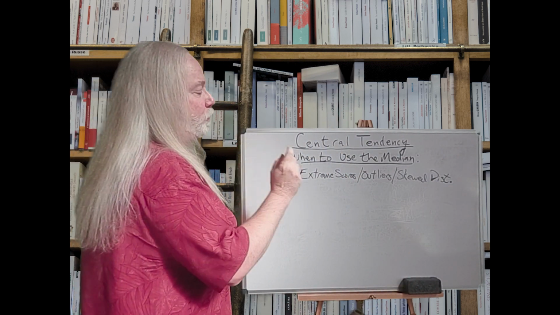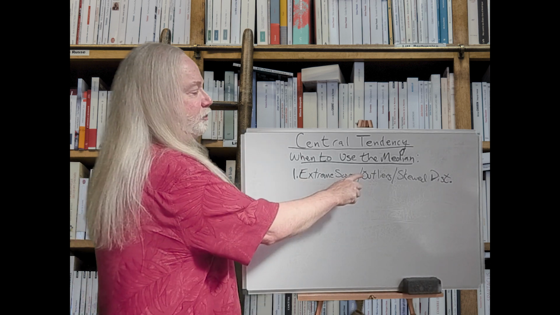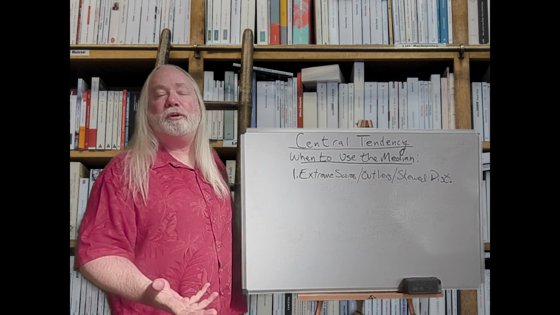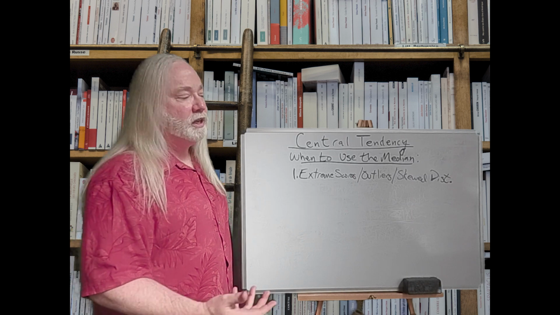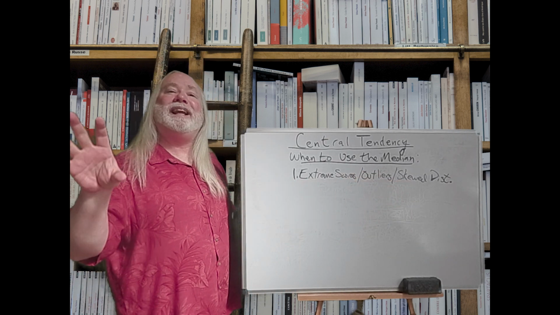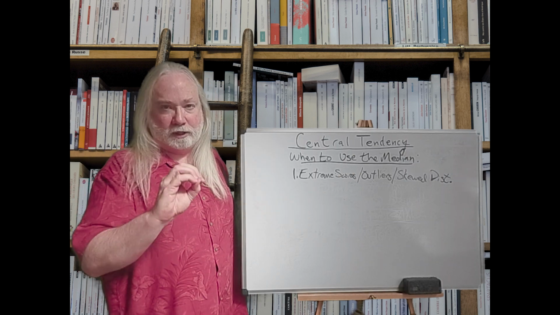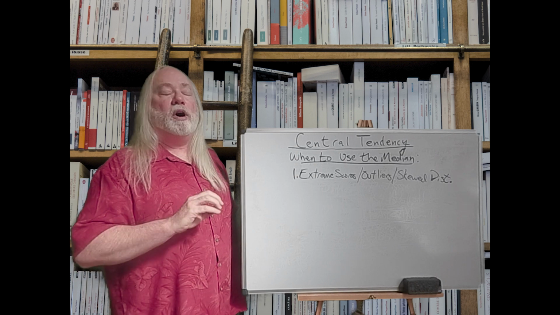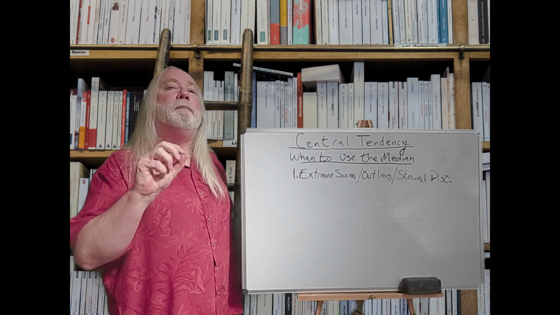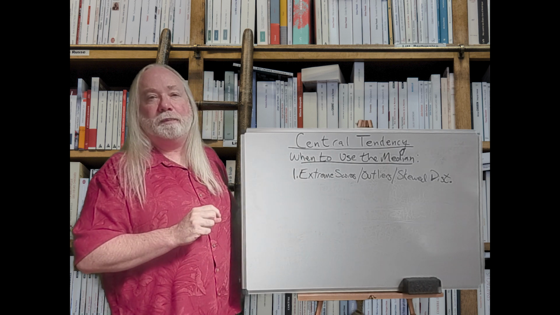We've talked about before, an extreme score is a score that's very different from the rest of the distribution. That score is sometimes called an outlier. So if our data has some outliers in it, we know that the result is a skewed distribution. If our data is very skewed, the mean is the worst choice. Of all 3 measures, the mean is the most reactive to extreme scores and outliers.